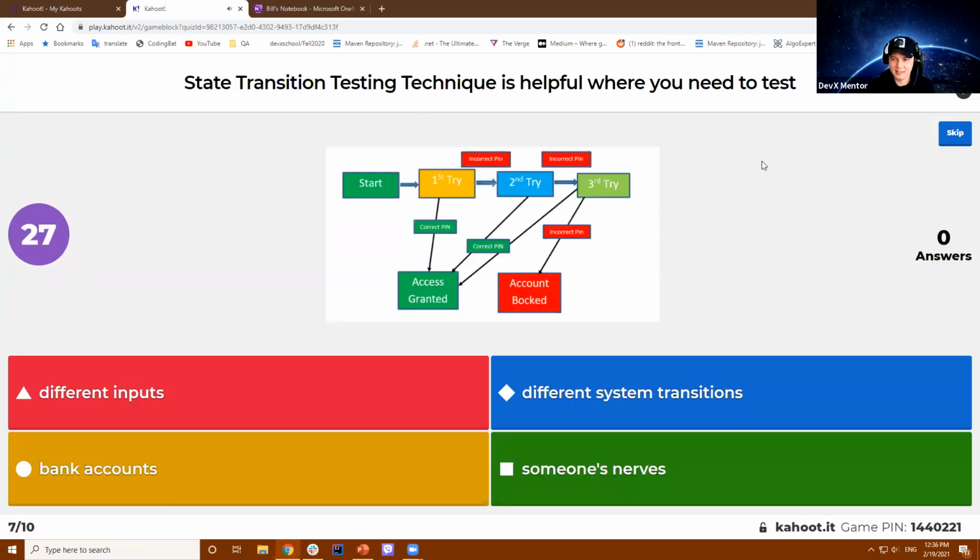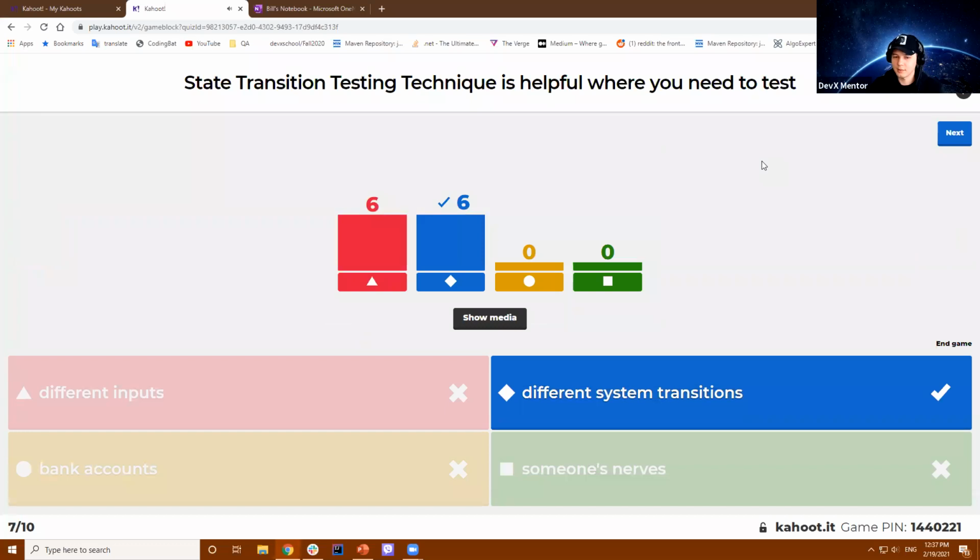Okay, state transition testing. Yep, we can have the same inputs, but our main goal when doing state transition testing is to check different states and different transitions.